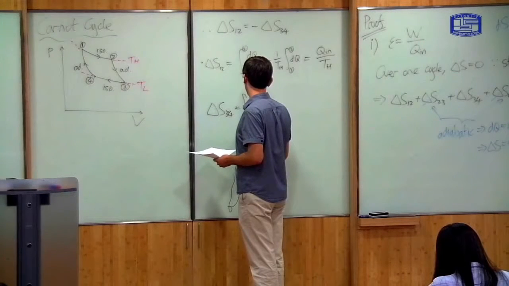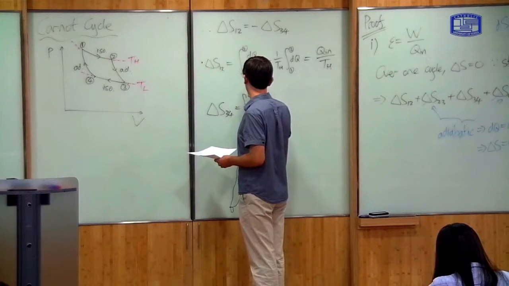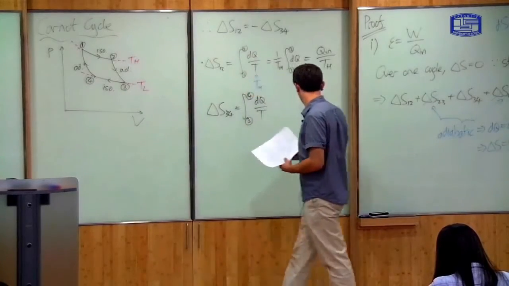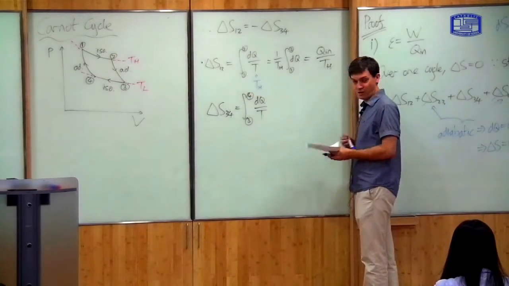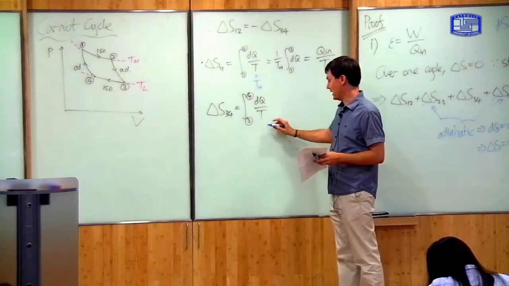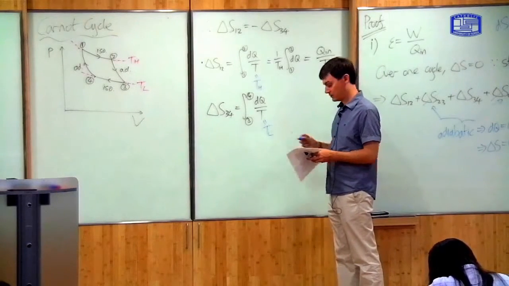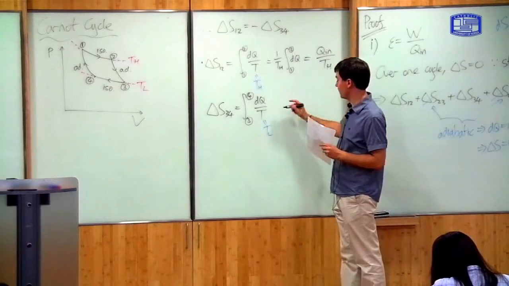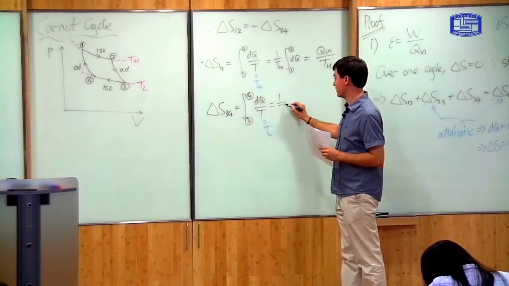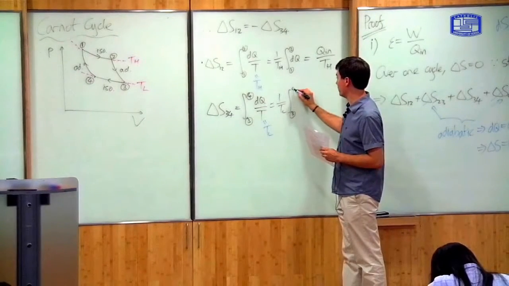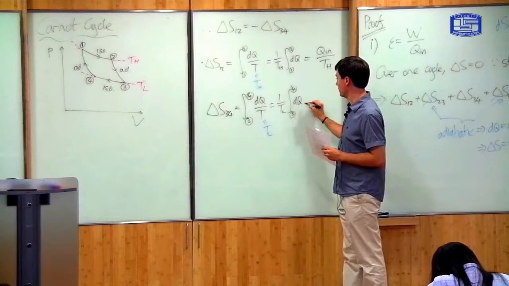S34 is the integral from 3 to 4 of dq over T. But now we're at the low temperature, so here T is equal to TL, and therefore I can take it out as a constant outside the integral. This is 1 over TL, the integral from 3 to 4 of dq.